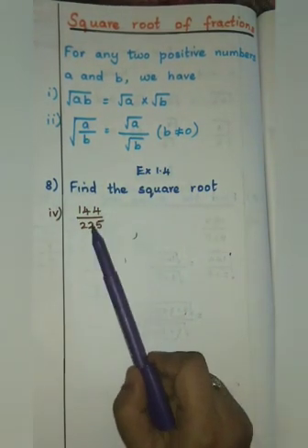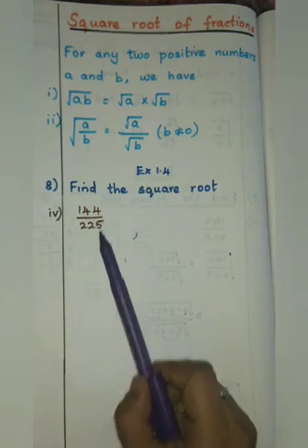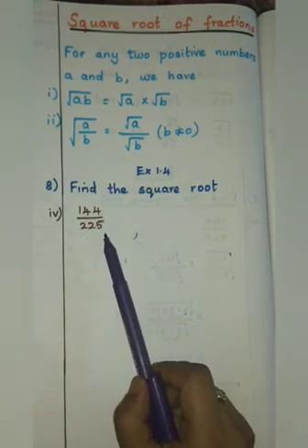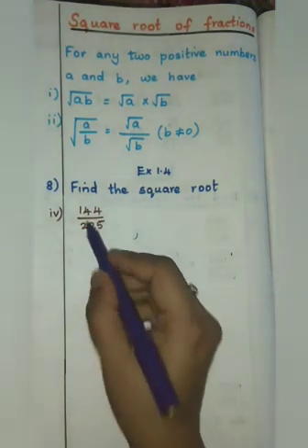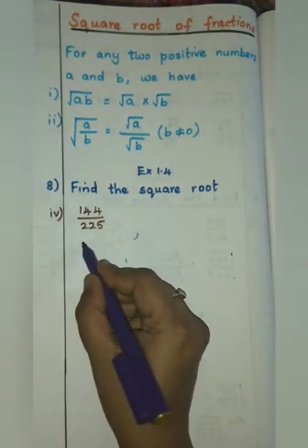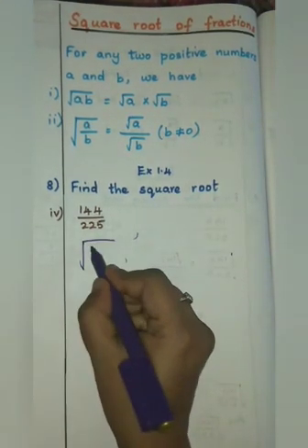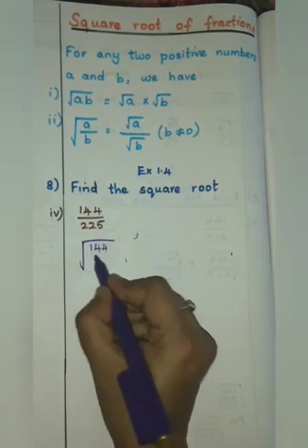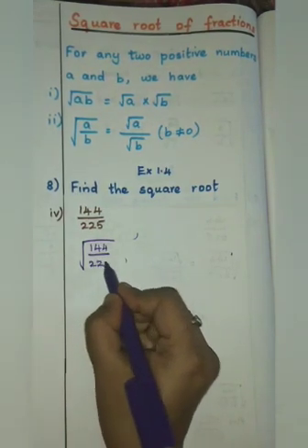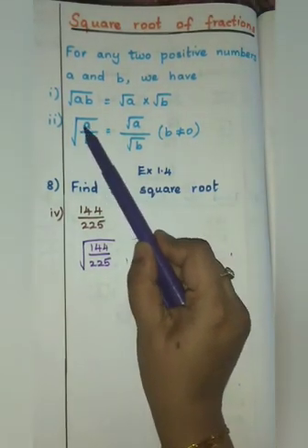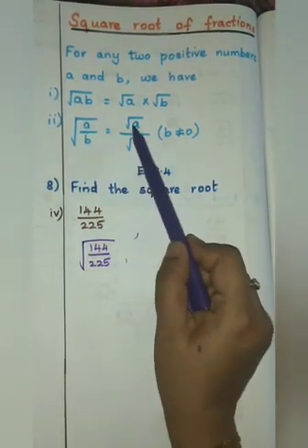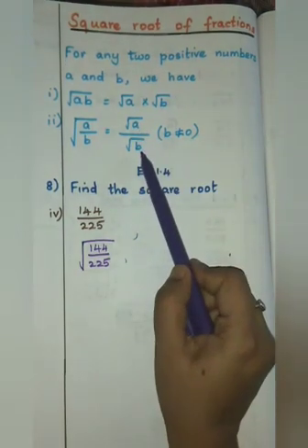We are asked to find square root of the fraction 144 by 225. Since we are going to find square root, put this fraction inside the square root symbol. 144 by 225. As we have already seen, root of a by b is equal to square root of a by square root of b.